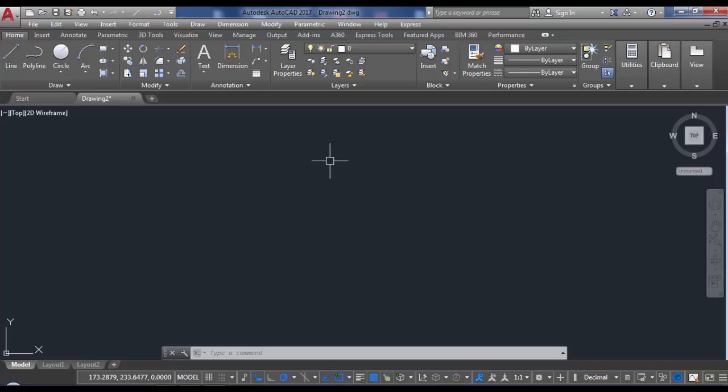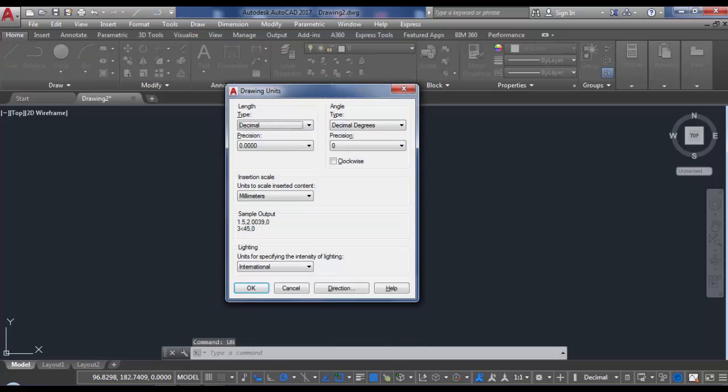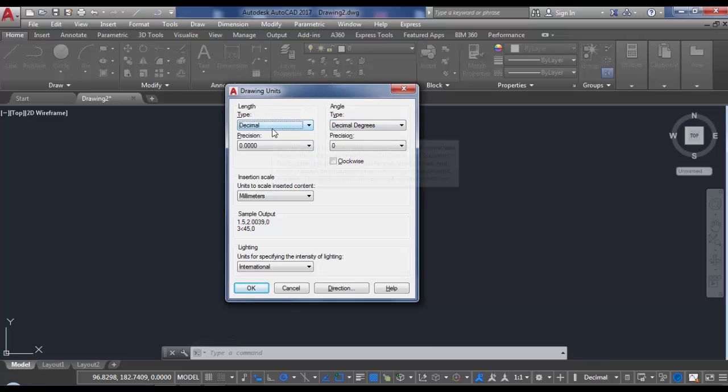To set up the units, we have the command units, or simply we can write UN, the short form for the units command. Then we'll get this units window. For the length I can use anything. Decimal means we keep the metric system scale.